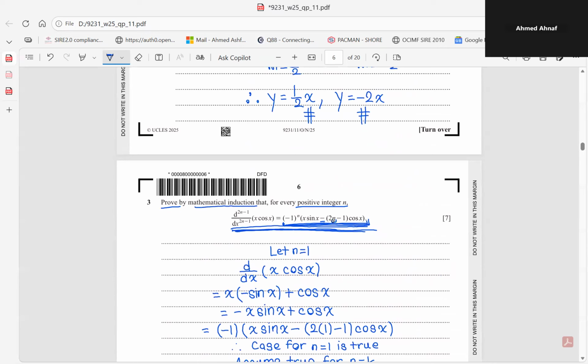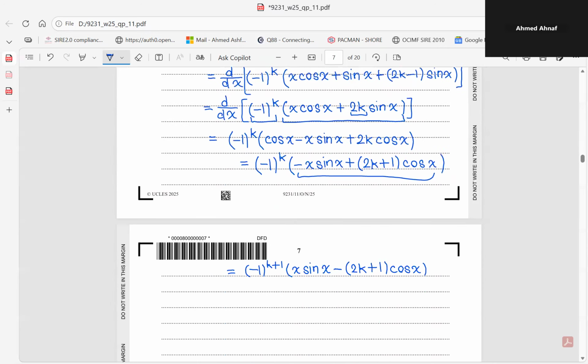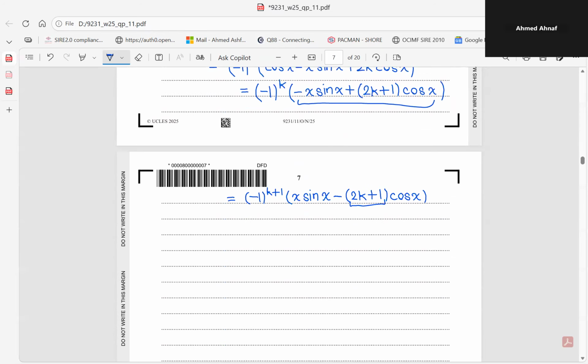We only have this part left to manipulate, this (2k plus 1) bracket. So this is x sine x minus 2n, which is k plus 1, minus 1.